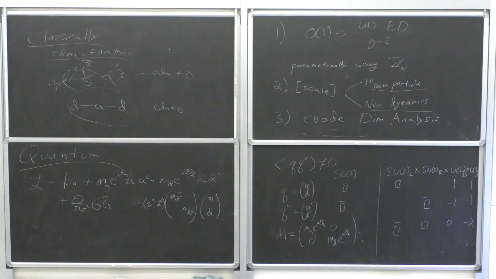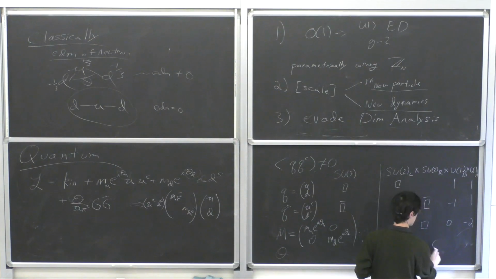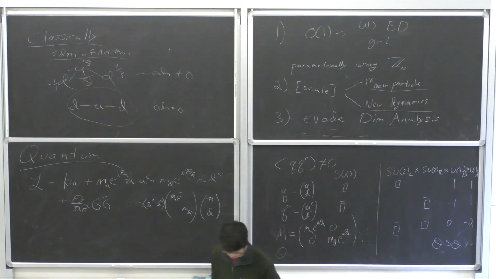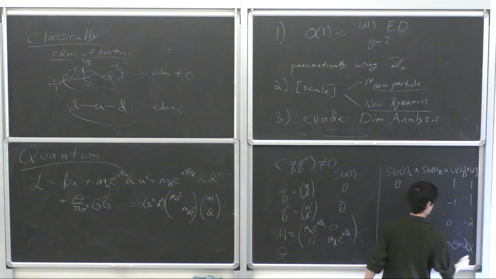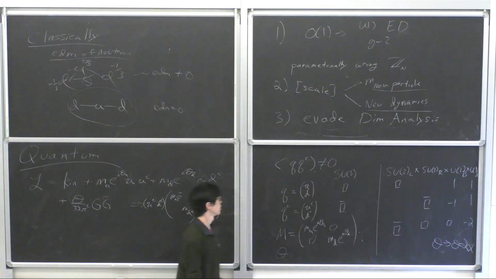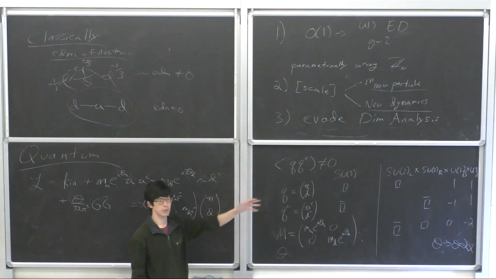Okay. Turns out this is an anomalous symmetry. So I also need to take theta here and say under U1 axial, theta goes to theta, what is it, plus or minus 2 alpha. I think it's minus 2 alpha. Okay, so these are all of the symmetries of my problem.